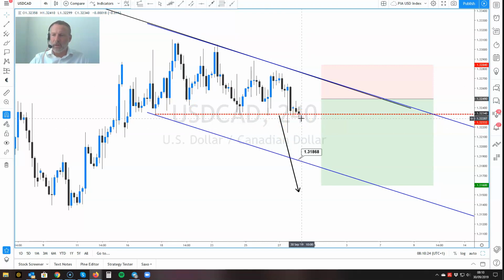We've got some bespoke resistance located at 132.49 this morning. We've got a channel support located at 131.87, and then we've got the triangle target level around about 131.55. So at the moment, still looking at selling into rallies in dollar CAD.